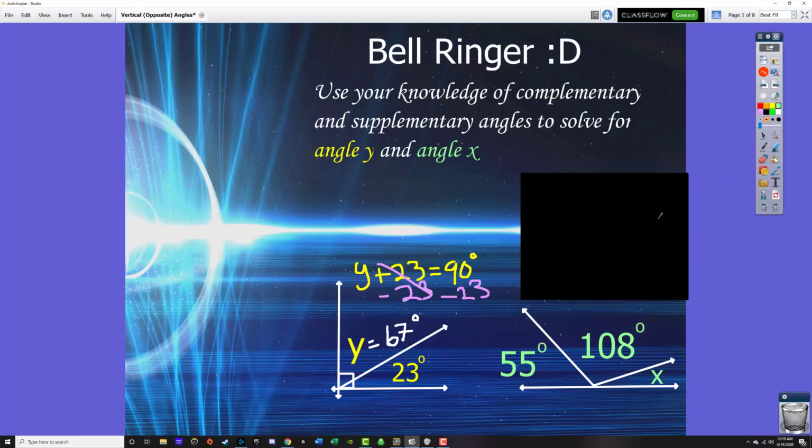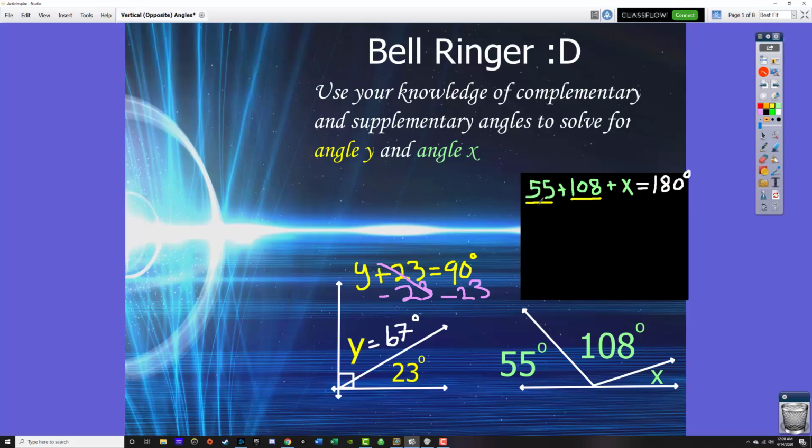So I know when I add angle 55 and 108 and angle X, that is going to give us a total of exactly 180 degrees because they all equal the length of a straight angle, and a straight angle is always equal to 180 degrees.